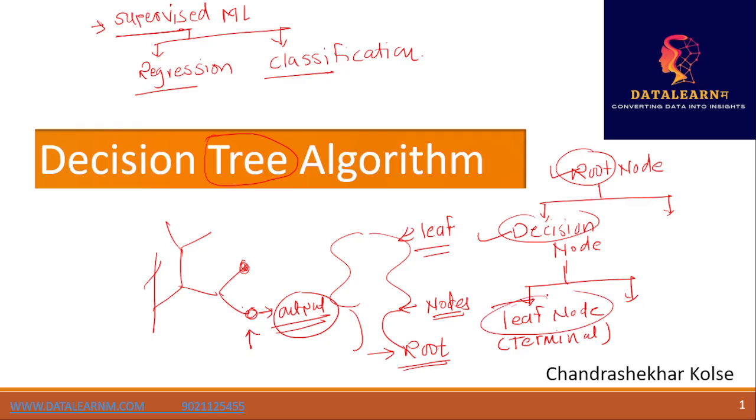So right now, just try to understand it's a tree-like structure. A decision tree is nothing but a tree-like structure which has three types of node right now: root node, decision node, and leaf node, and it is a supervised machine learning algorithm used for regression as well as classification. In between, some decision is taken whether we have to split further or not.